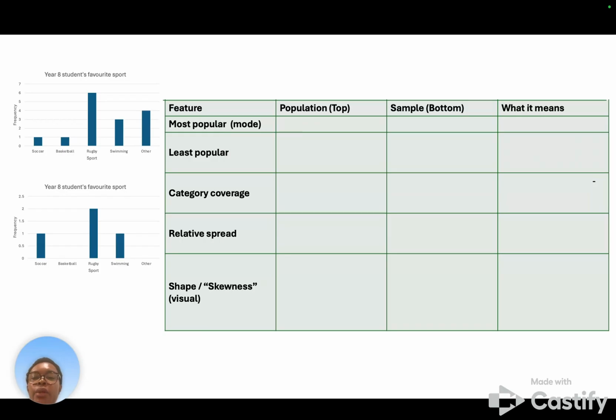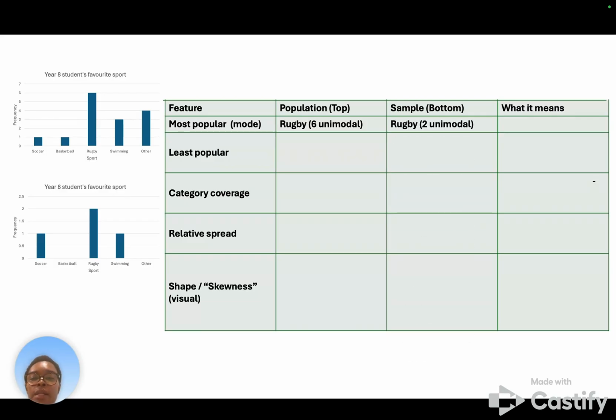Okay, so with the most popular for the top graph, rugby is the most popular with a frequency of 6. And because there is no other type of sport that has that same frequency, it is unimodal. For the bottom graph, which is the sample graph, rugby also is the most popular with a frequency of 2.